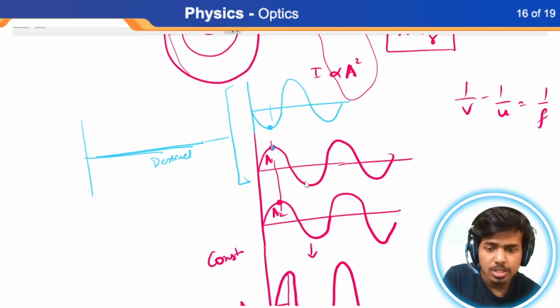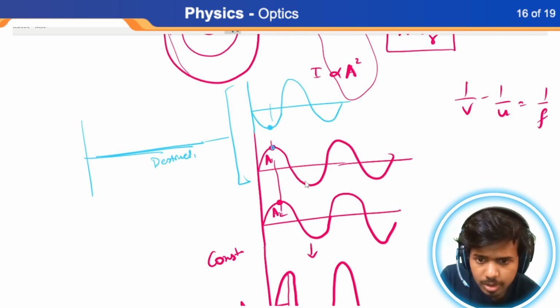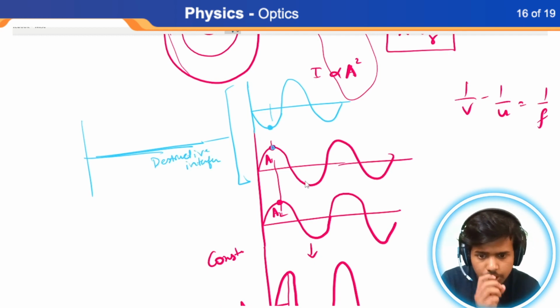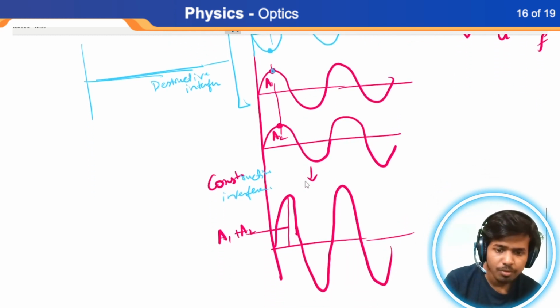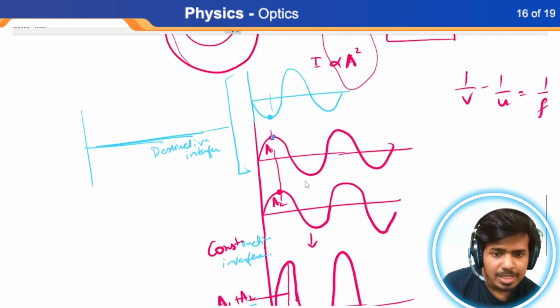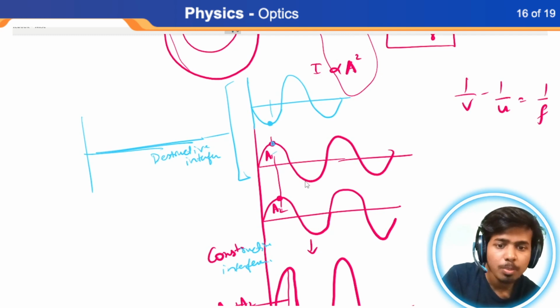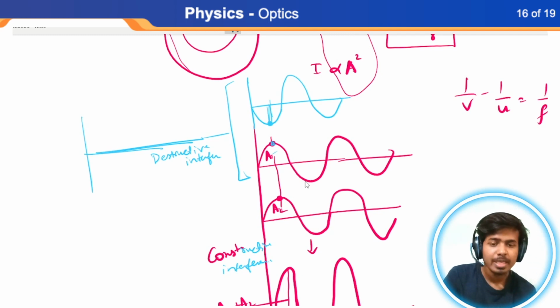The waves are interfering with each other, right? Destructive interference and constructive interference. In constructive interference, A1 plus A2, and even in this case A1 plus A2 happens, but the A2 here is negative.